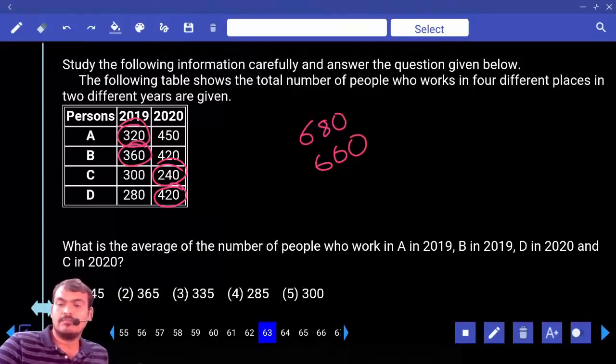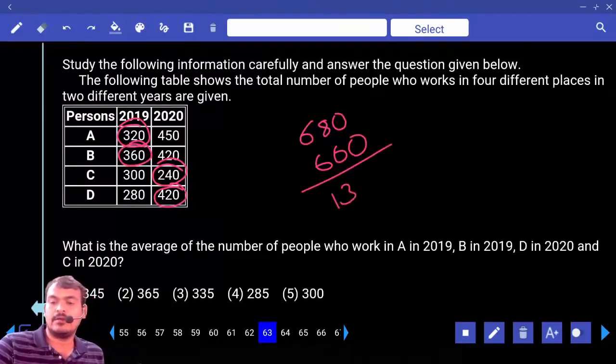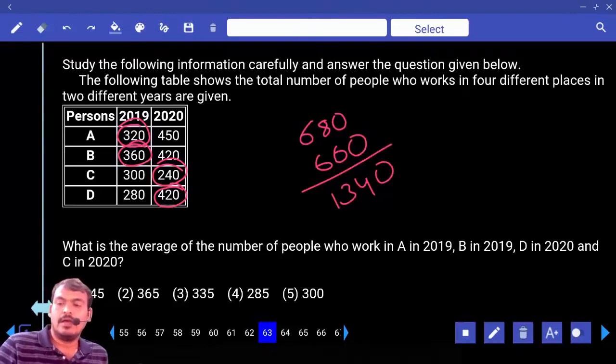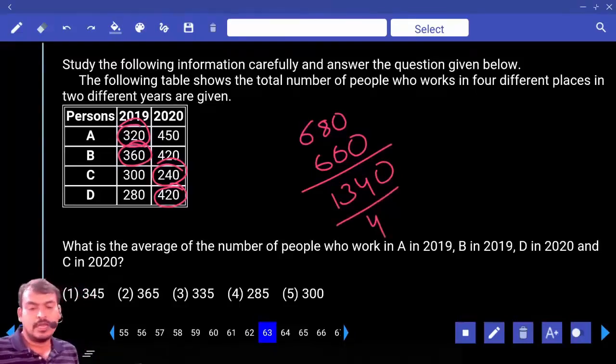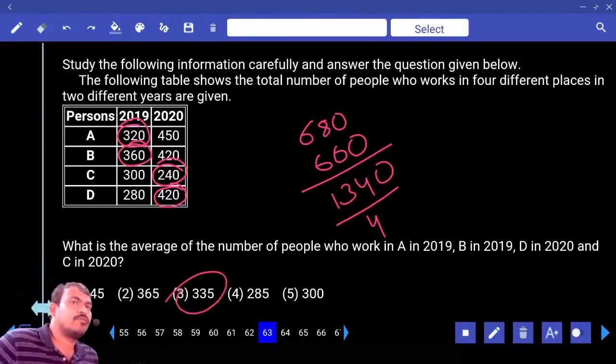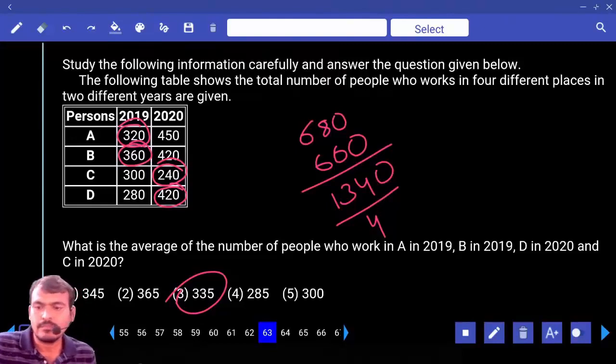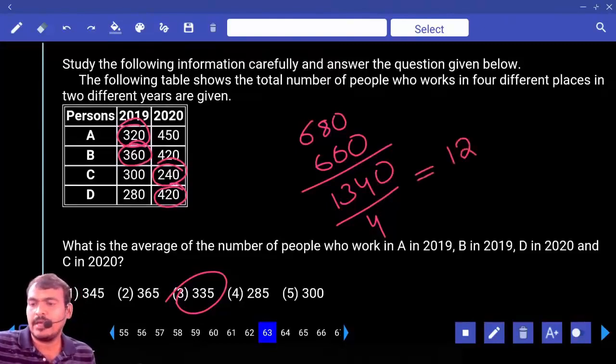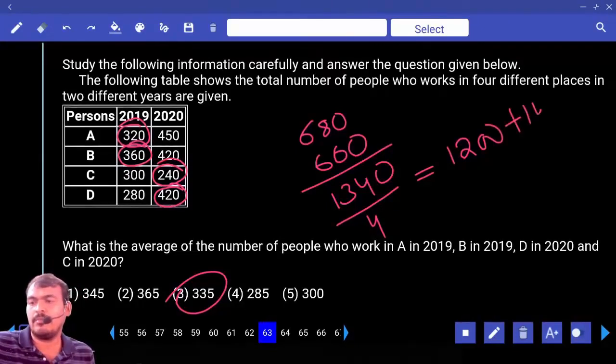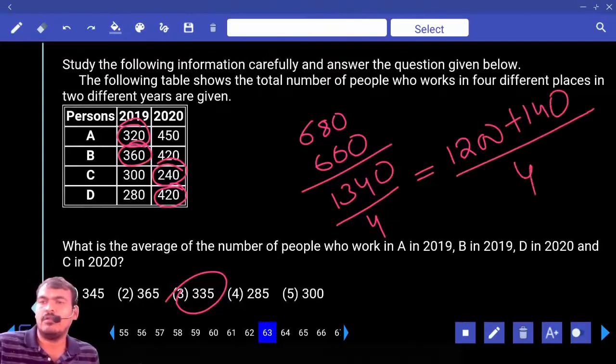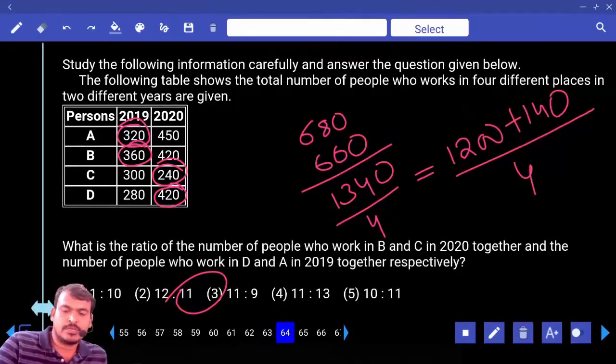What is the sum value? 1340, but we require the average, by 4. How much? 335, because 1200 plus 140. 1200 means 300, 140 means 35. 1200 plus 140 by how much value? 4. Next question number 64.